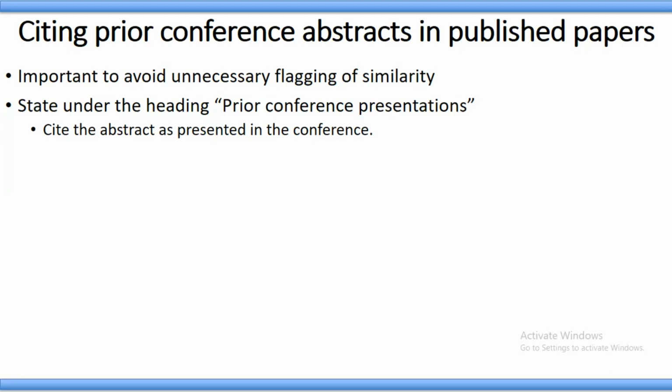But to avoid it being labeled as plagiarism, you mention that this was presented at so and so conference as an abstract, so that now the editor can see that okay, this is not to be considered under plagiarism. This is simply a prior conference presentation. Otherwise, some editor who doesn't understand the meaning of plagiarism may simply think that this is plagiarism and reject it. So to avoid that, you need to do this.